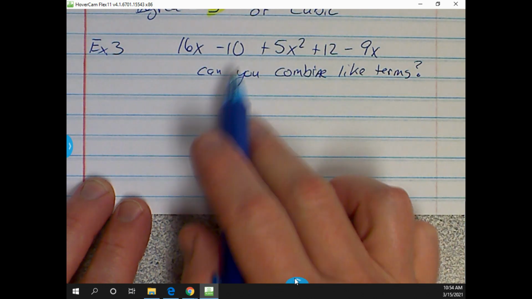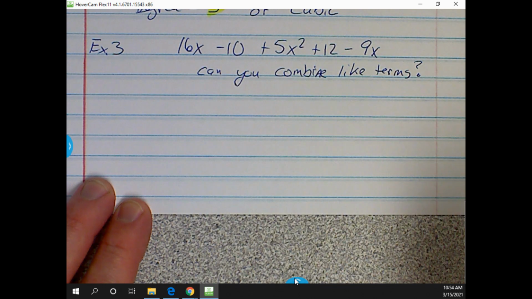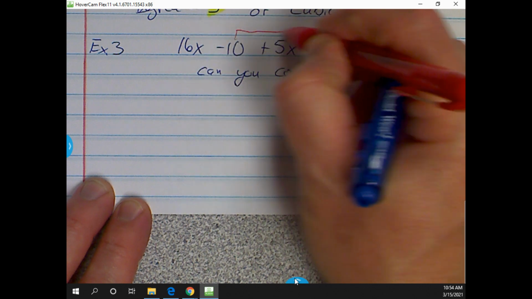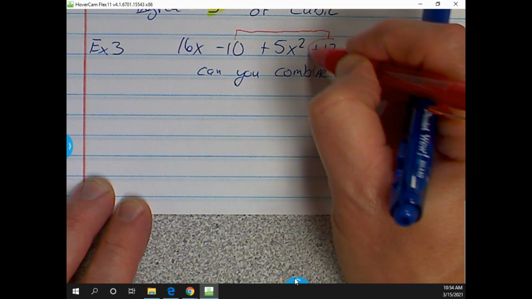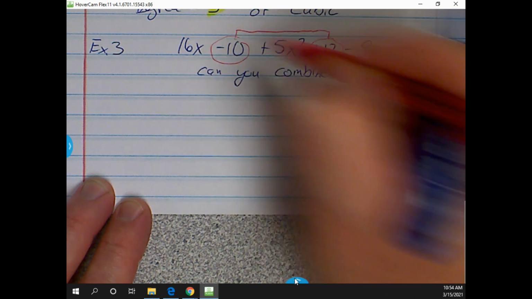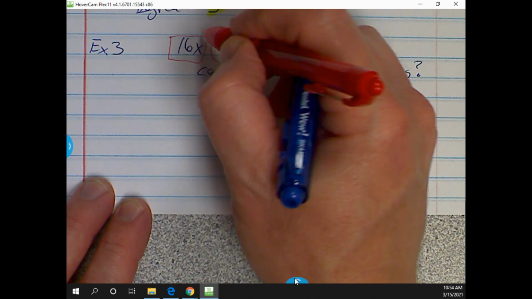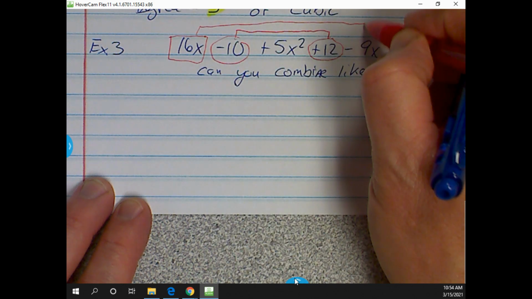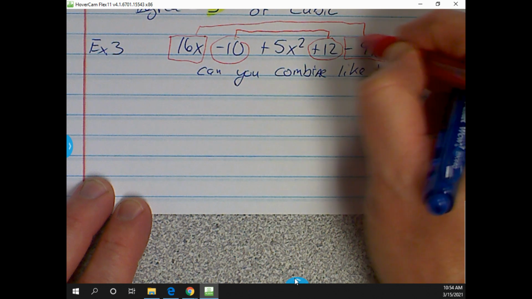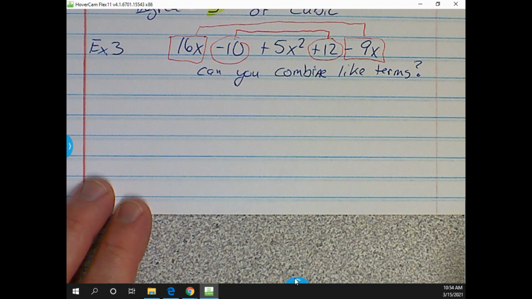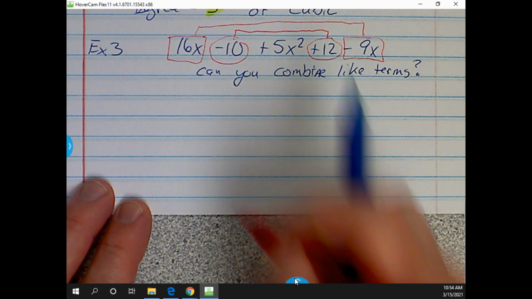Because you've got a negative 10 plus 12 that you could do. And if you look at those two terms, you've got negative 10 plus 12. You've also got a 16x and a minus 9x. So basically, you have to go ahead and combine your like terms first.